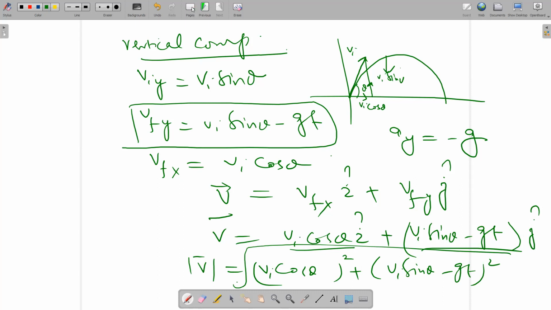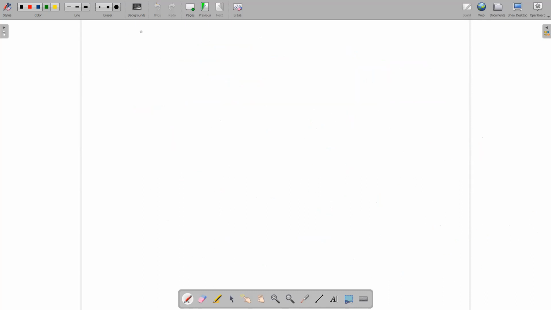After this, one more question. In projectile motion, you see that the body moves up and comes down. This is the maximum horizontal distance.